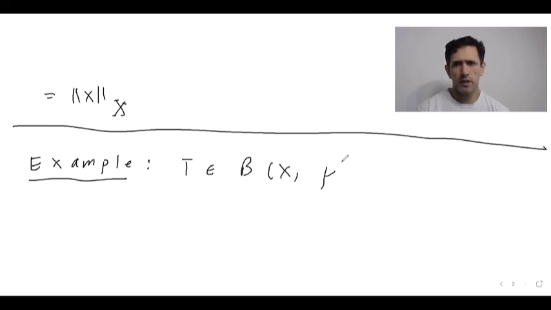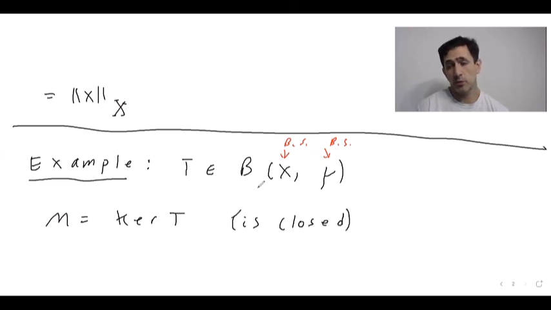Here we want X and Y to be two Banach spaces, and T is a bounded linear map between the two Banach spaces. And here we're going to let M be the kernel of T, which is a closed subspace, assuming T is bounded, which we are.